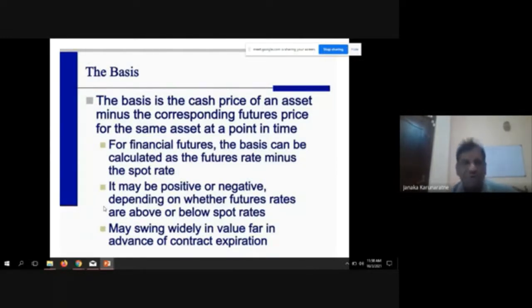Okay, so let's move on to some more theory behind yields. The basis. Now, what is the basis? Basis is the cash price of an asset minus the corresponding futures price for the same asset at a given point in time. If you take any asset, it has a cash price and a futures price.